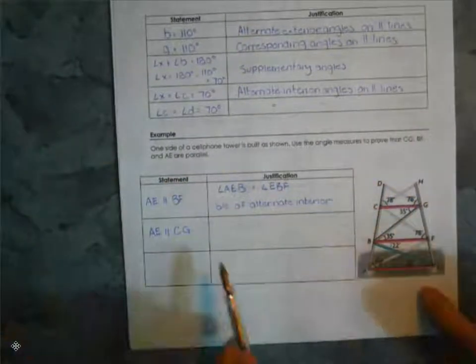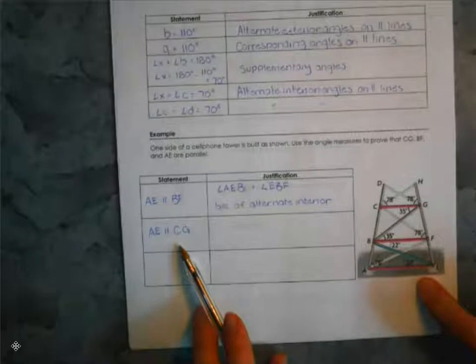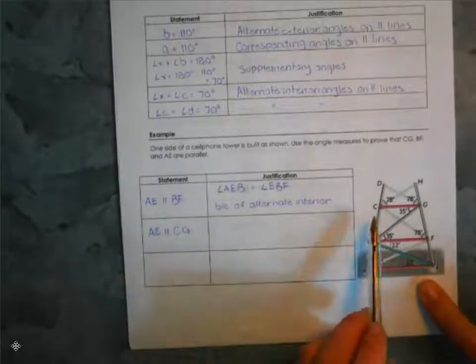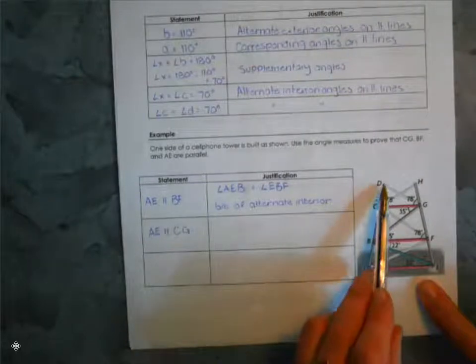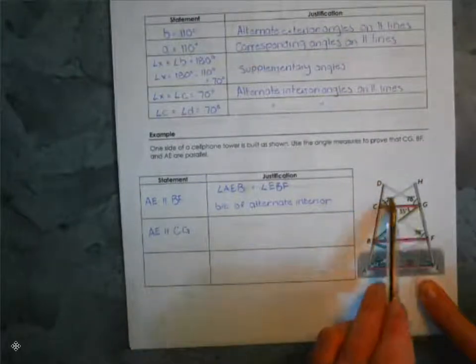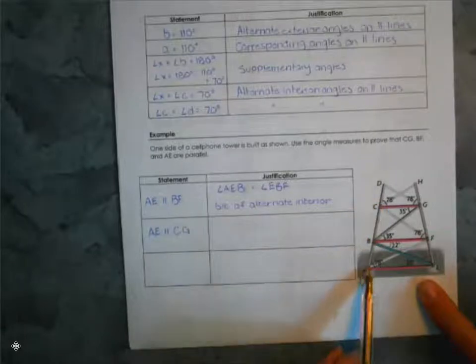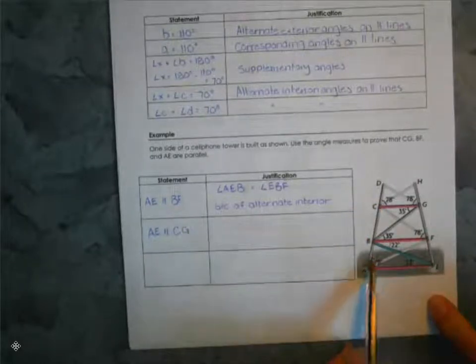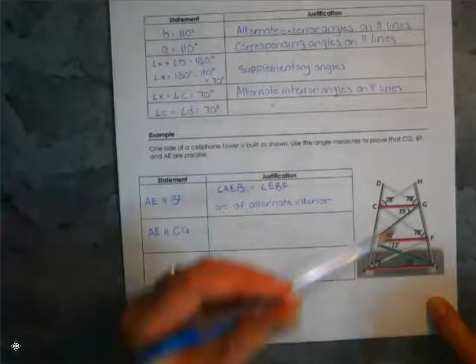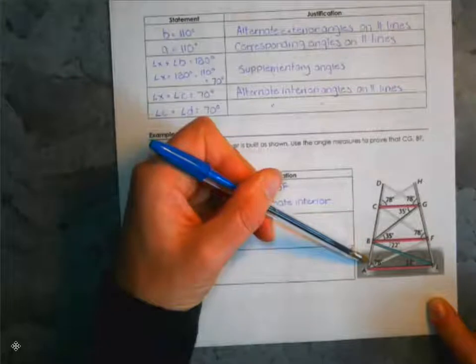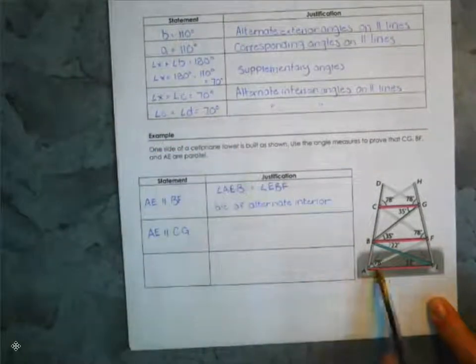Okay, and why do I think that that's true? Well, the reason that I came up with is because this DCG angle here, which is 78, is equal to BAE down here, which is also 78 degrees. And so essentially what's happening here is I have my transversal, a line cutting through my parallel lines AE and CG.